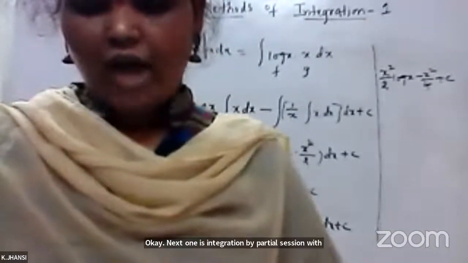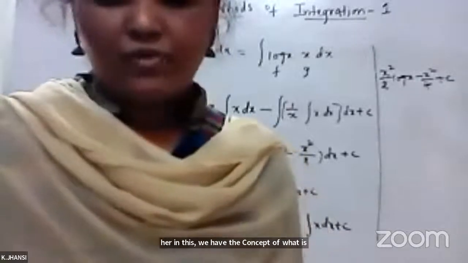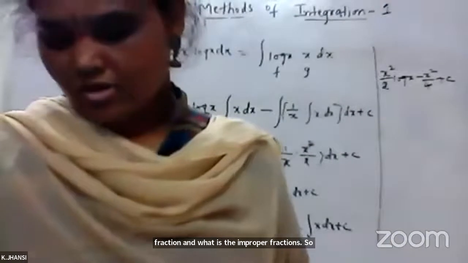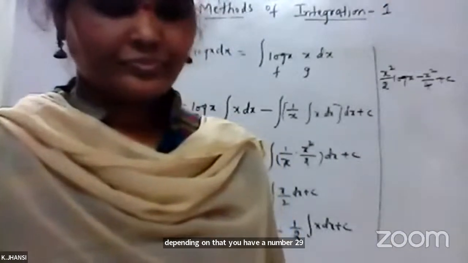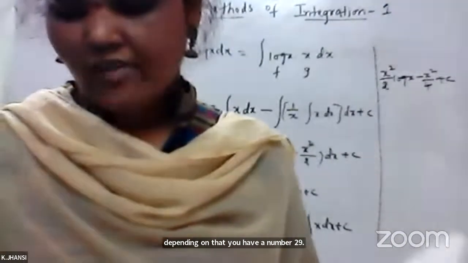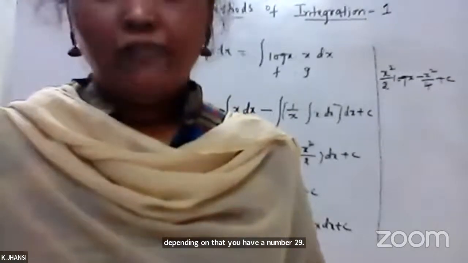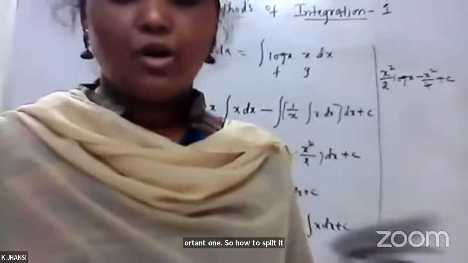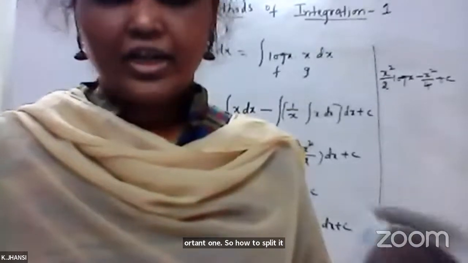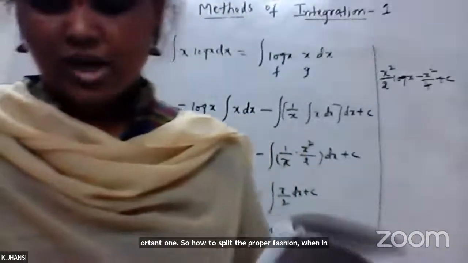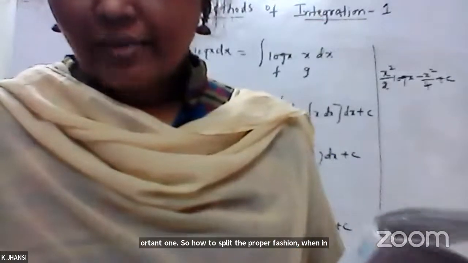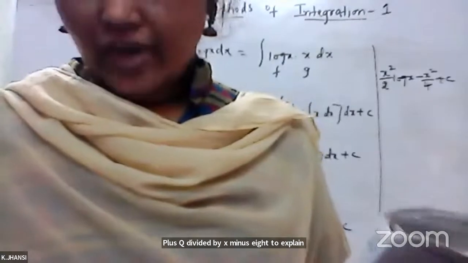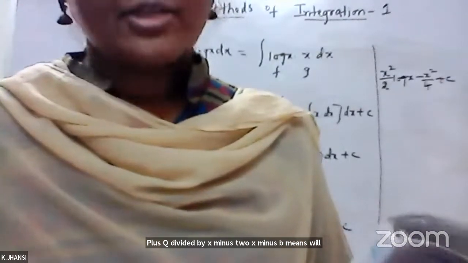In this we have the concept of what is proper fraction and what is improper fraction. So depending on that, on page number 29 one box is given, table 1. This table 1 is important. So how to split the proper fraction? When in the denominator terms are there, px plus q divided by x minus a into x minus b, we'll write it in the form of a by x minus a plus b by x minus b.